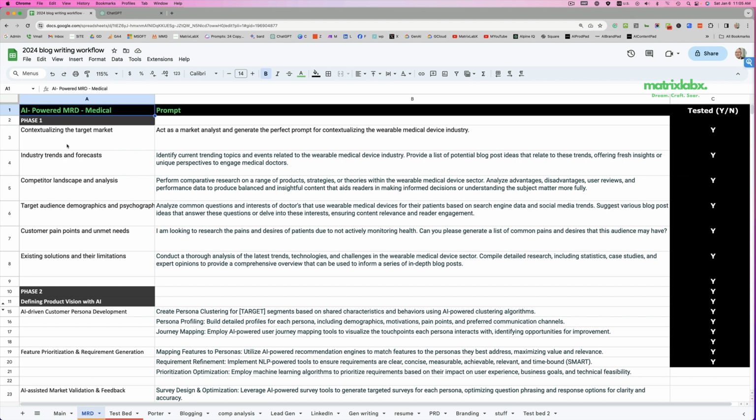What's the demographics? What are their pain points and unmet needs? And then finally, looking at some existing solutions and their limitations so we can possibly see a gap that we can fill in the market. And that's basically your market requirements document before you move on to a products requirement document.